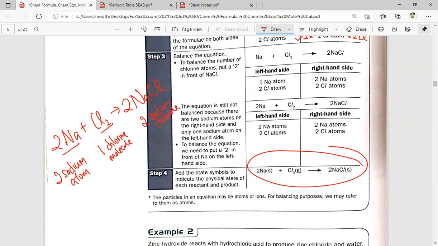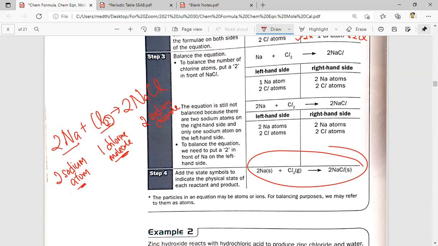In case some of you are wondering, why is this one molecule and this one atom? Molecule, you only use it when you see the bottom number here is 2 and above. Atom normally just means that there is a 1 over here, like 1 atom, 2 atoms. So molecule is only when you have that subscript 2 at the bottom.